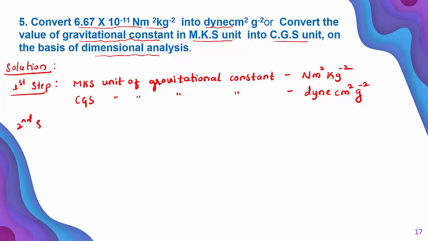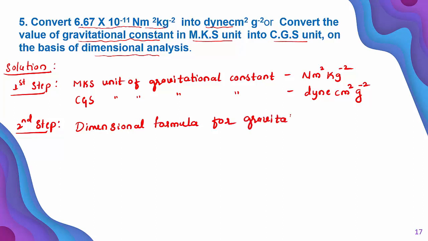Then what is the second step? We have to write its dimensional formula. We already derived the dimensional formula for gravitational constant that you can remember here. Dimensional formula for gravitational constant is, what is its dimensional formula?